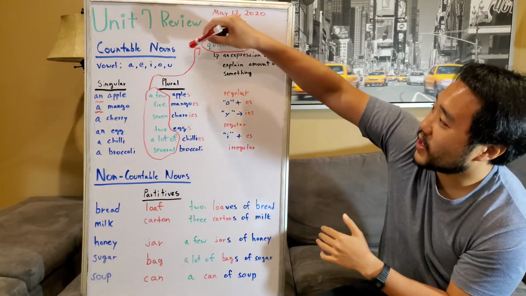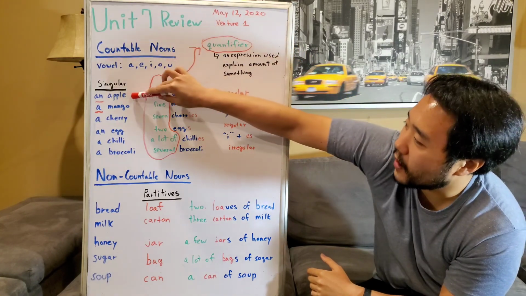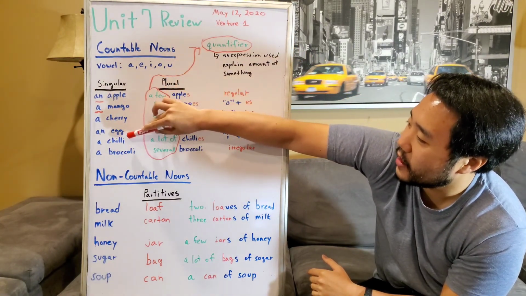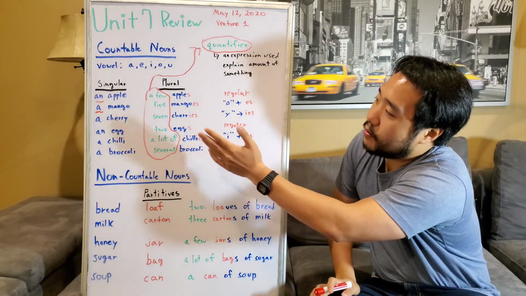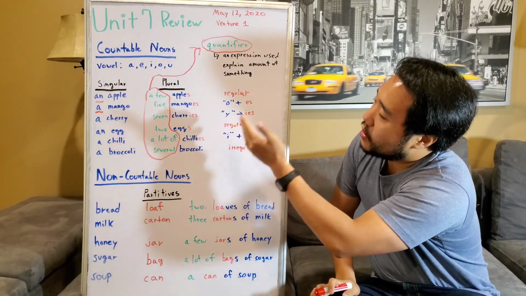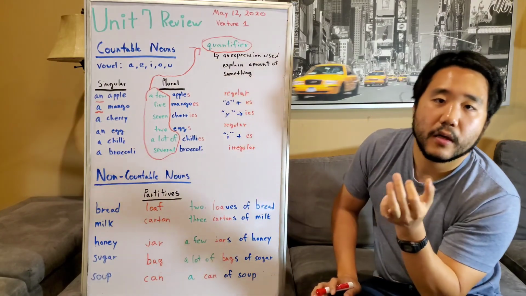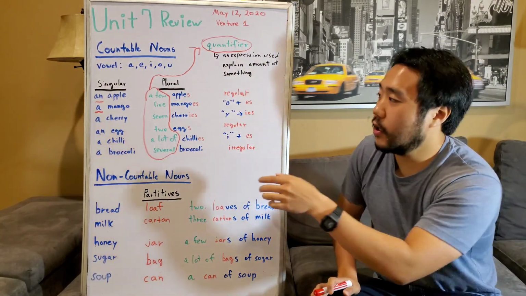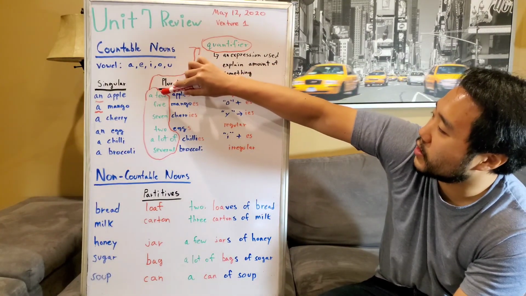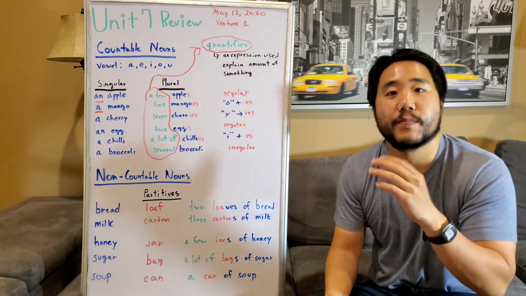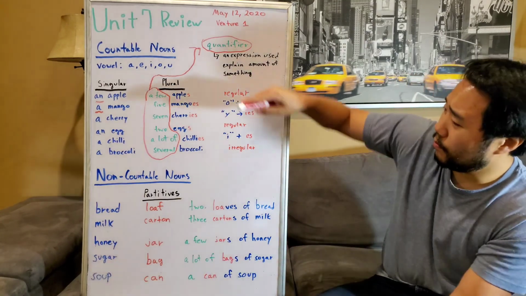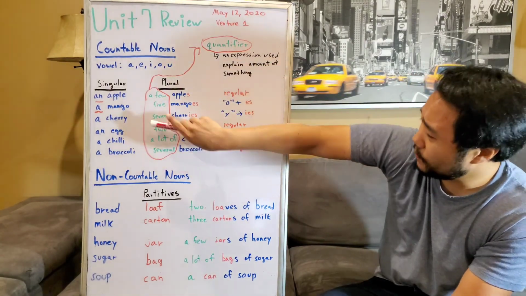These are countable nouns: apple, mango, cherry, egg, chili, broccoli. And if you want to say it in a plural form, this is how we're going to do it. We can use a quantifier, which includes expressions such as few, a lot of, several, or a specific number, and then the plural form of the countable nouns.